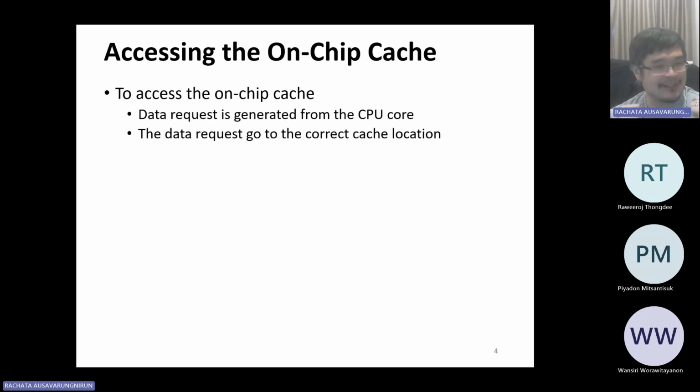Because only one person can use it, if I have, say, 16 cores and core 1 wants to access the data, it goes to the cache. In the meantime, cores 2, 3 and 4 suddenly say, I want to access my cache too. No one can use it because core 1 is using the bus. They have to queue up.